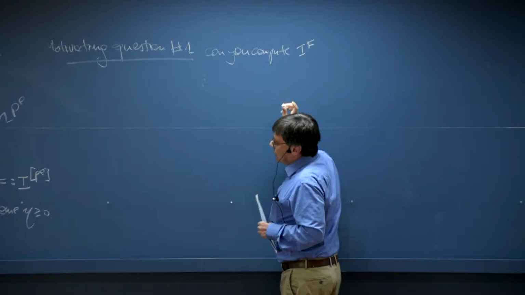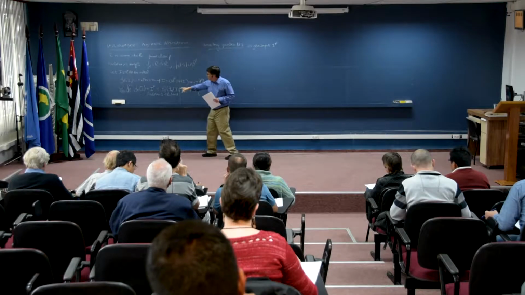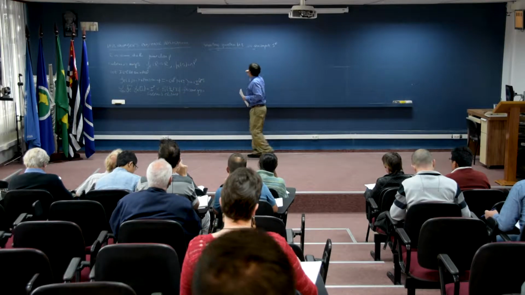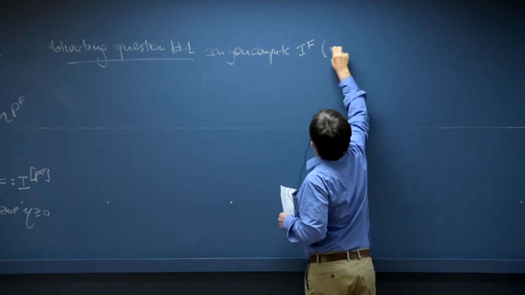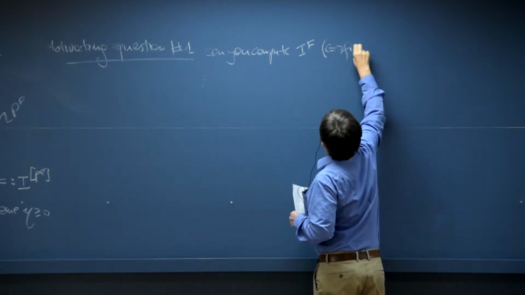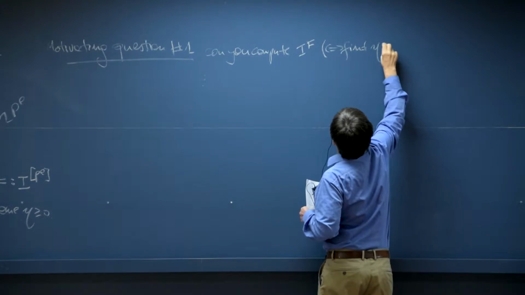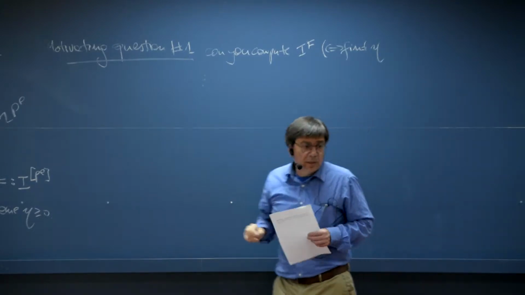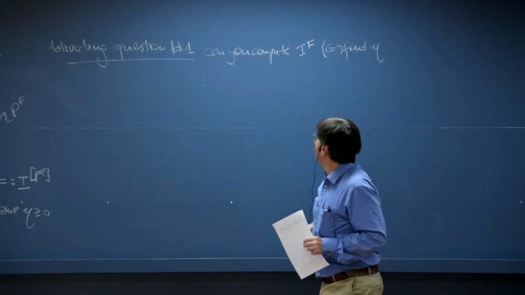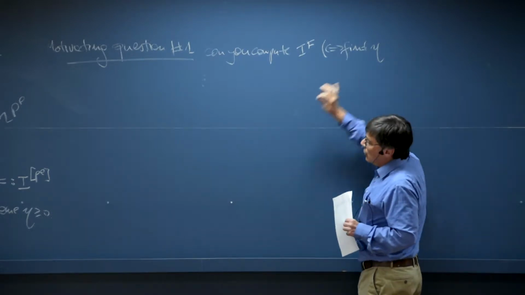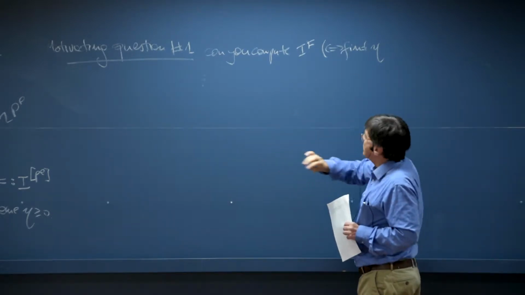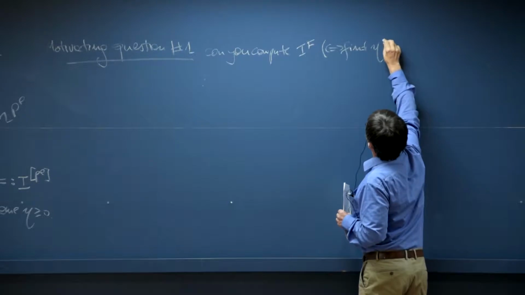To compute the Frobenius closure amounts to finding where this stabilizes. So this amounts to finding eta. Yes. And once you know at which point this stabilizes, then you know how to compute this.